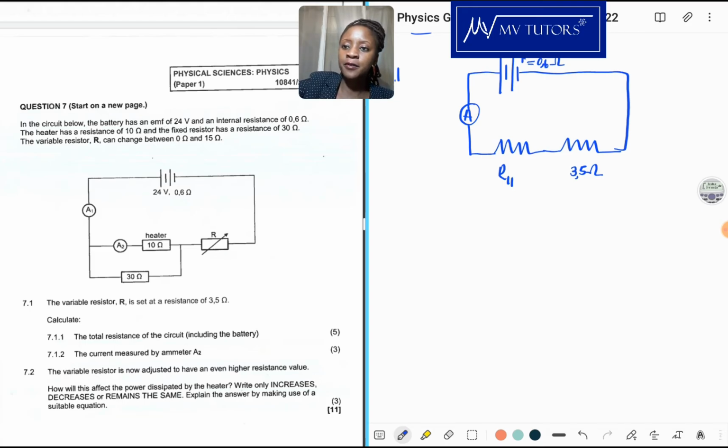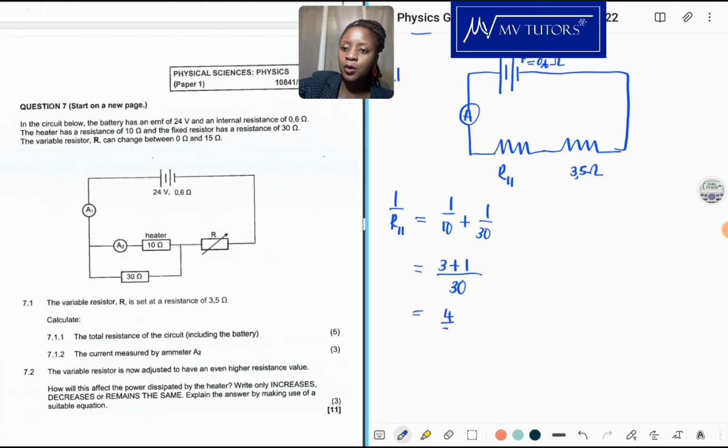So if we start first with the parallel, remember it is 1 over the parallel, and we have 1 over 10 plus 1 over 30. If we take the common denominator of 30, then I would have to multiply by 3 there, and then that's just 1.